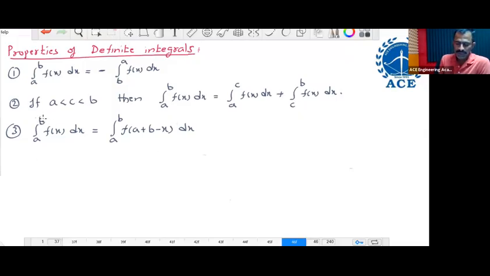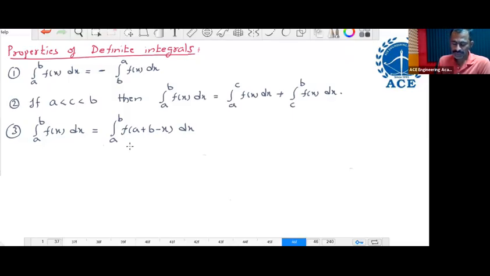This plays an important role in definite integral problems. If you are unable to identify the method just by looking at the problem, we try to do the problem using this property.